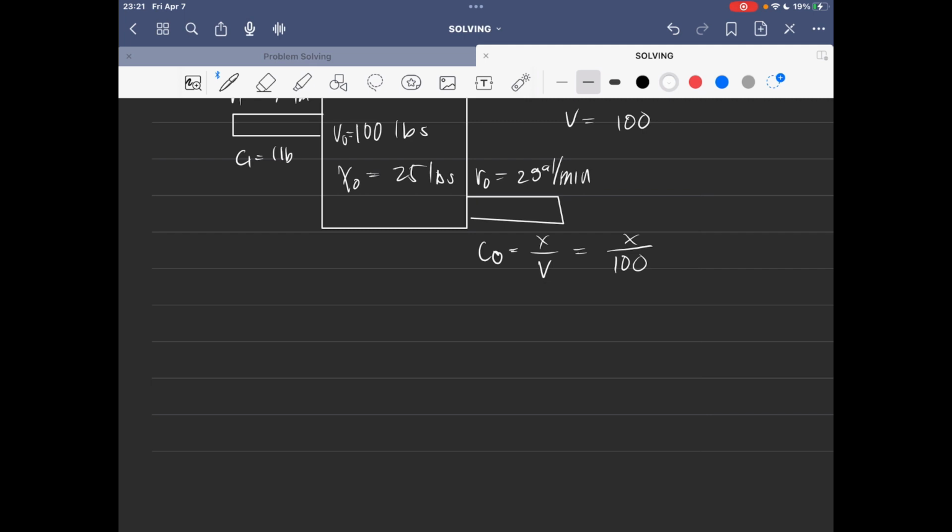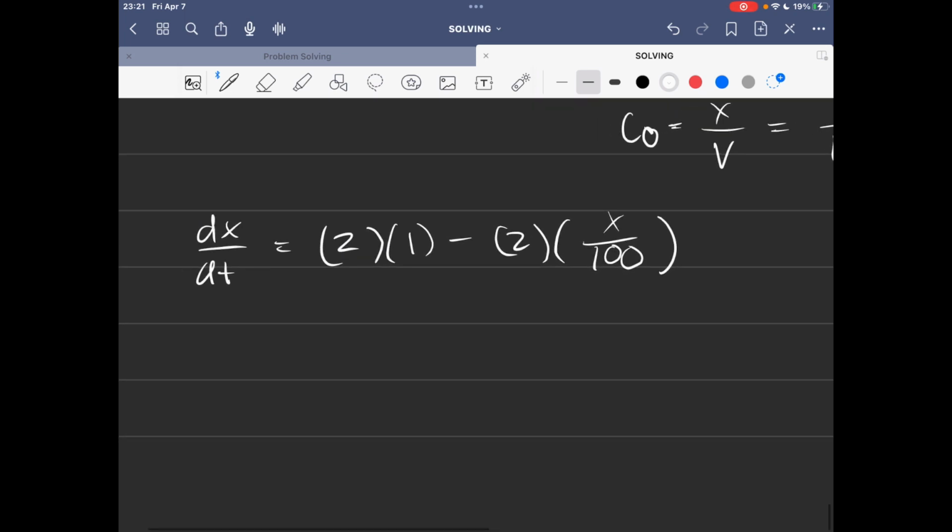Then, by the use of the formula, dx over dt is equal to R sub I, which is 2, times C sub I, which is 1, minus R sub O, which is 2 times x over 100. So this is the same as for our previous example.